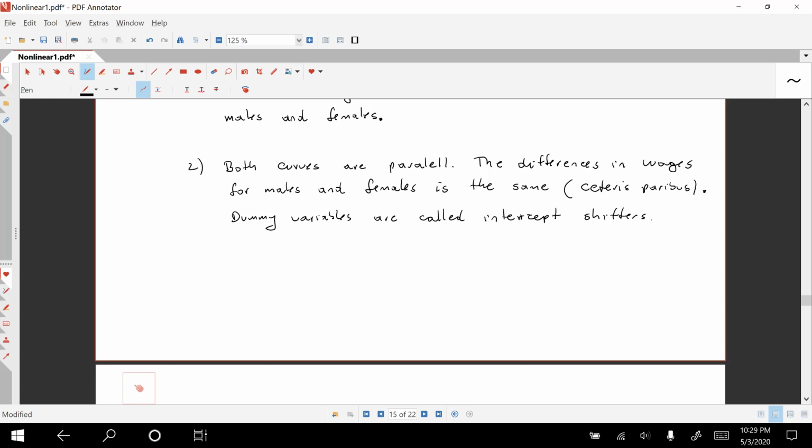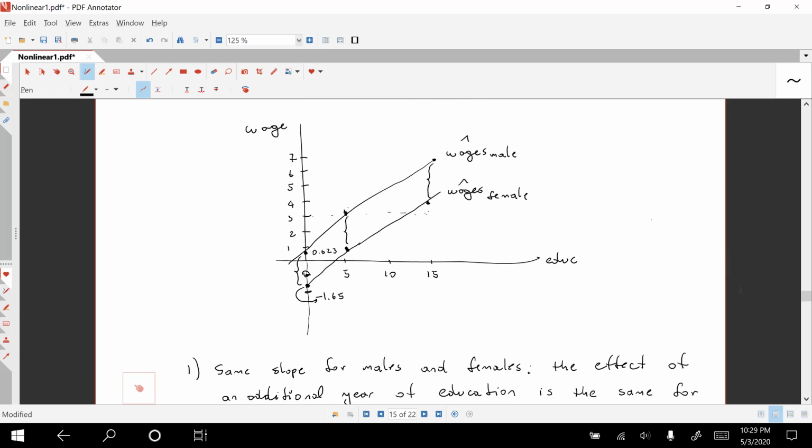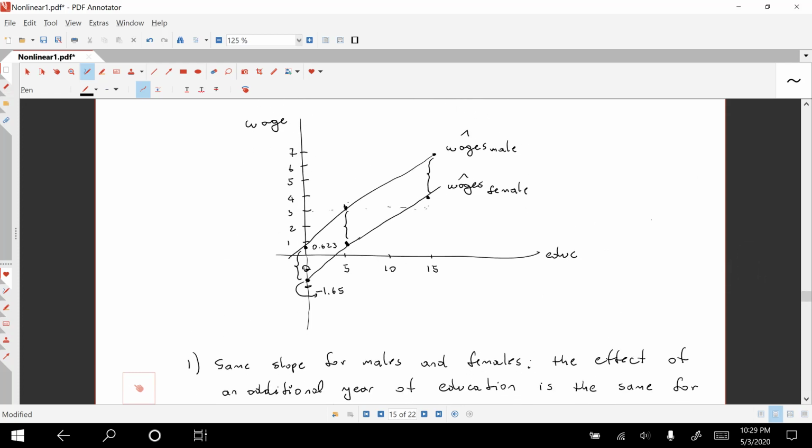Now, some of you might be wondering whether it would be interesting to estimate a model where not only the intercept but also the slope changes. There are 2 ways to do that. One way would be to separate the data and run one regression for males and another one for females.